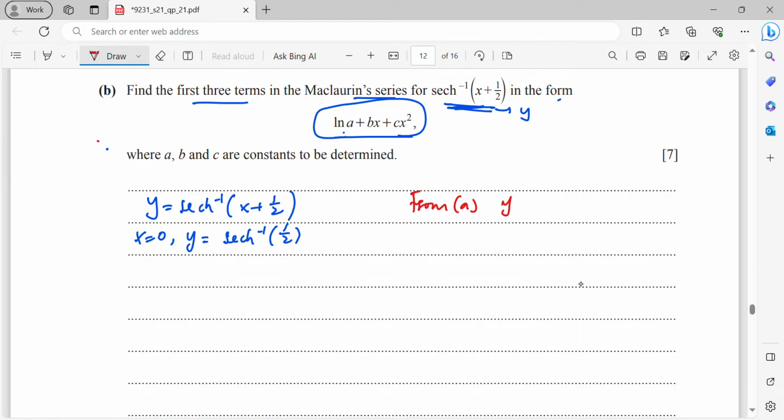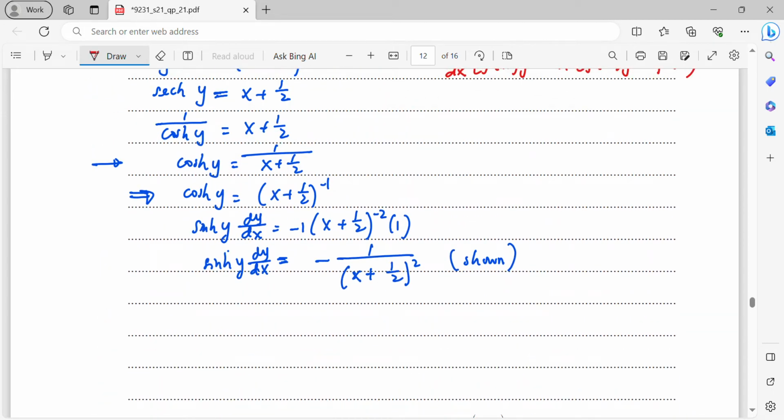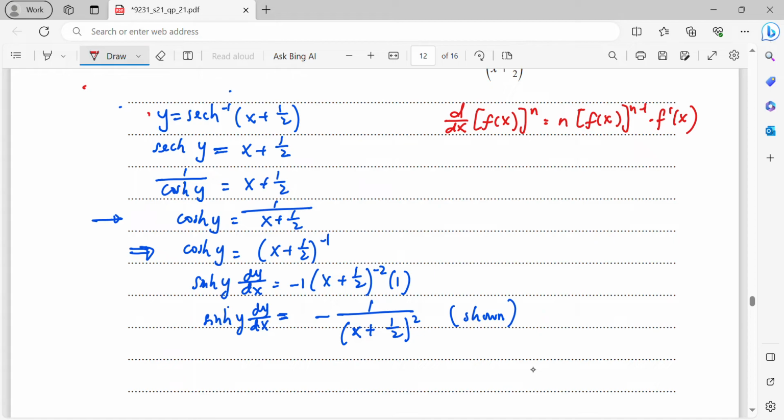So now, we know that y equals to inverse hyperbolic secant of x plus half. So I let u be x plus half, then it will be a simpler form. That means your y is inverse hyperbolic secant u. From this step I can jump to this step: y equals to inverse hyperbolic secant of x plus half, x plus half is my u now.